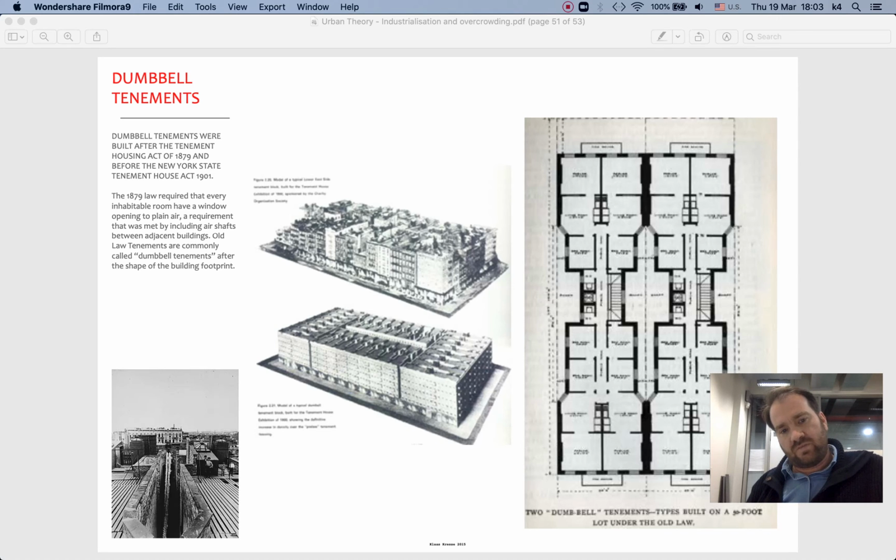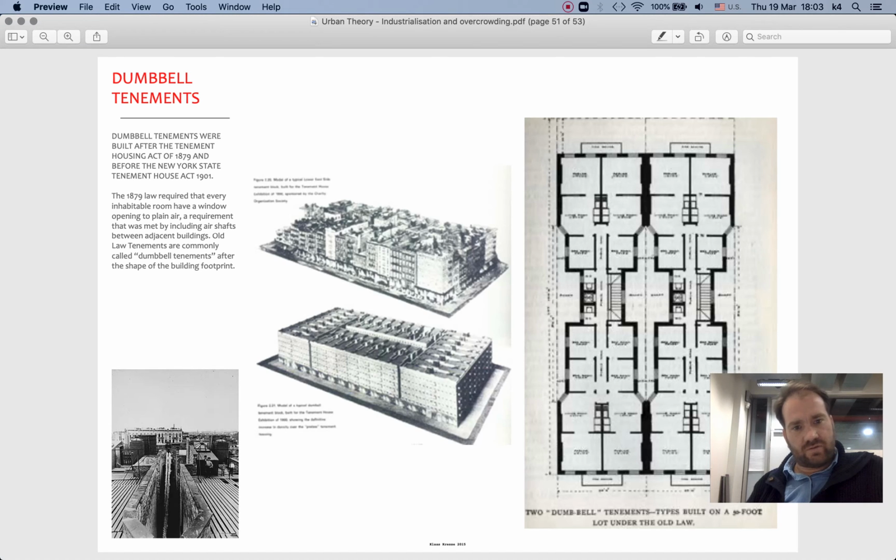Similar to Germany, this size was decided by the water hose of the fire brigade, and then this shape came about in order to get a little bit of extra light into the back area here. So that's where you get the dumbbell shape from.